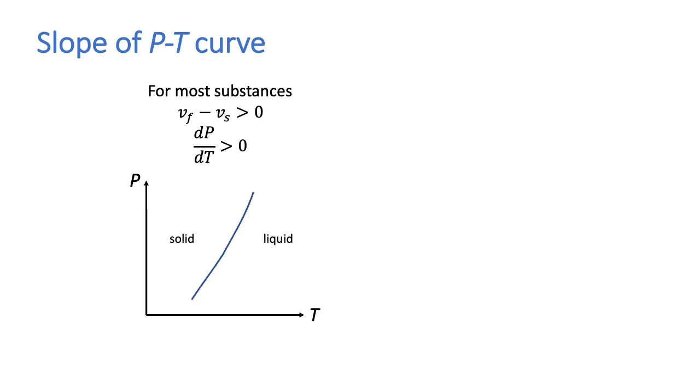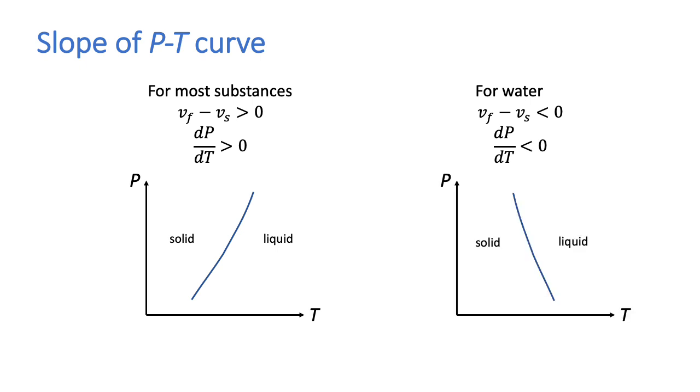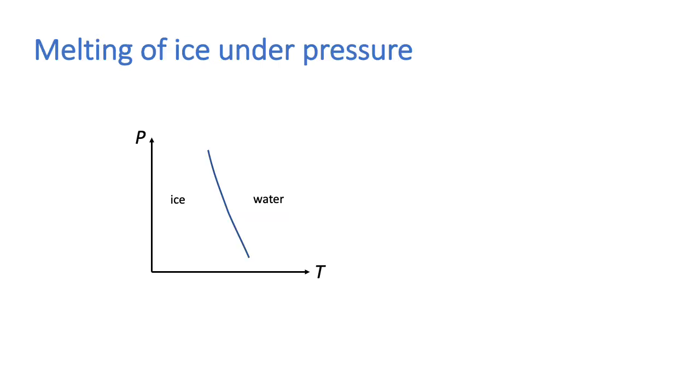If we draw the PT diagram, the equilibrium line for the solid and the liquid has a positive slope. For water, however, it is different because Vf minus Vs is less than 0. dP by dT is negative. The equilibrium line between the solid and the liquid on a PT diagram, therefore, has a negative slope.